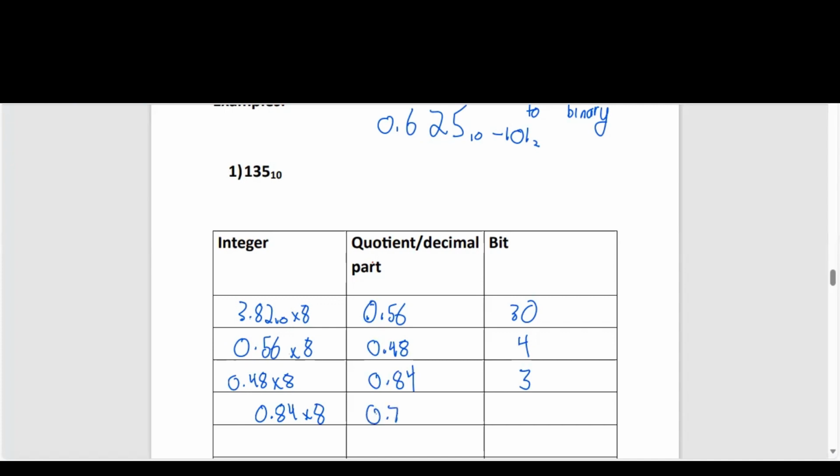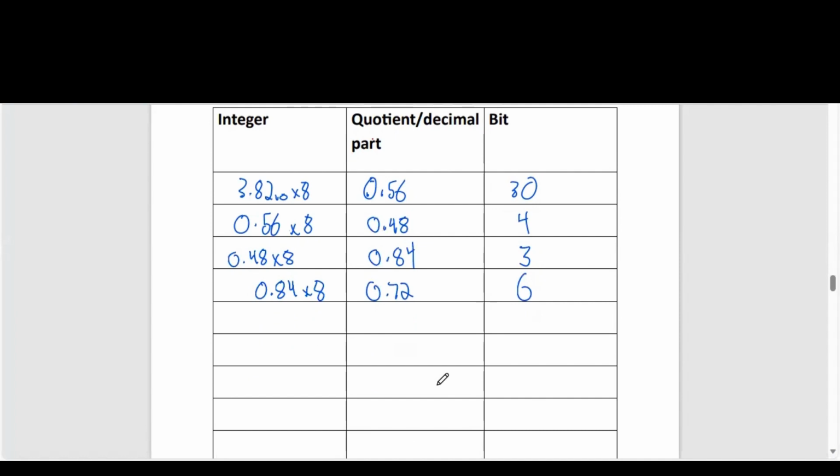So the 6 goes here and 0.72 goes here. You'd go again and again until you get a perfect number that gives the fractional part as 0. I'm not gonna do all that. In the exam, he will obviously bring numbers that are short and will work out quick.